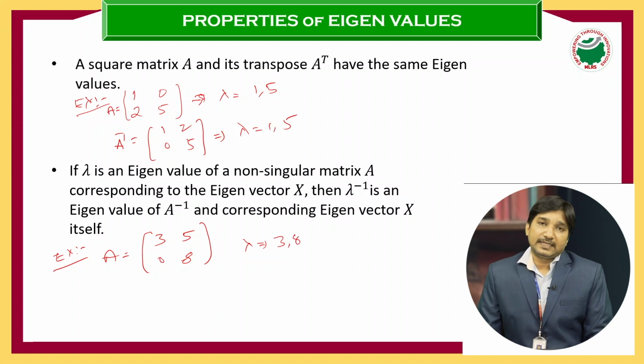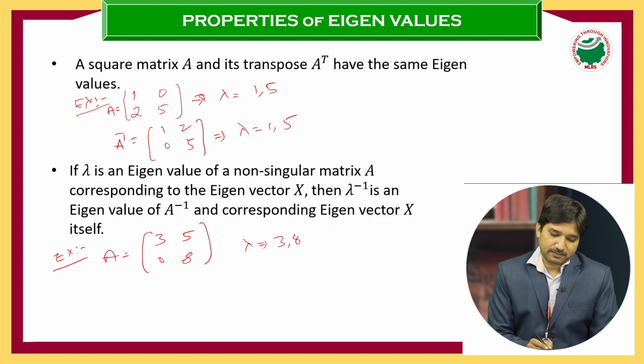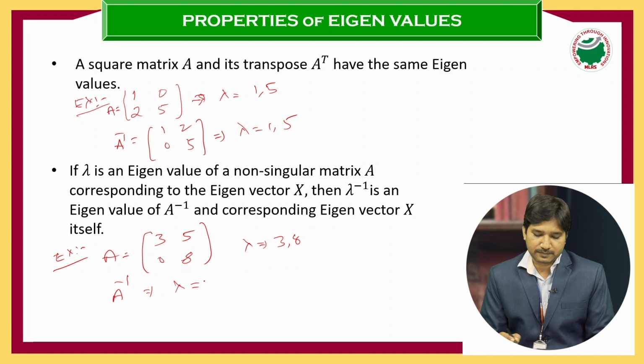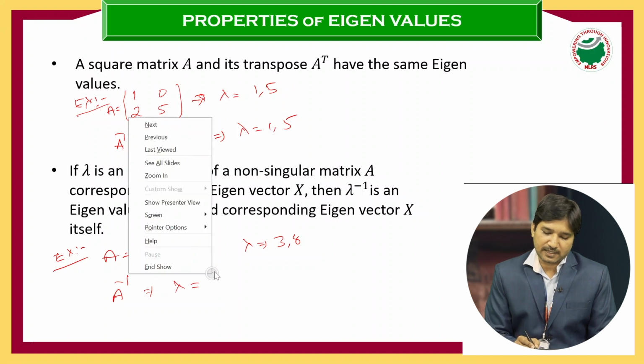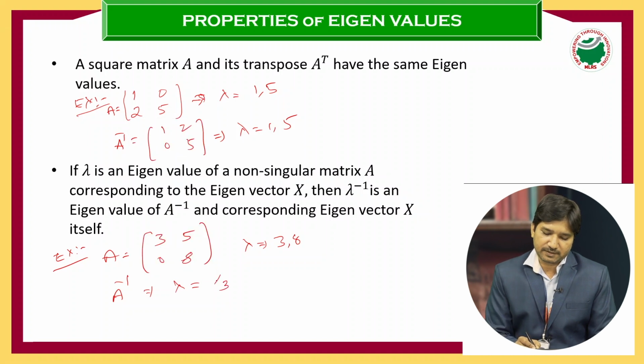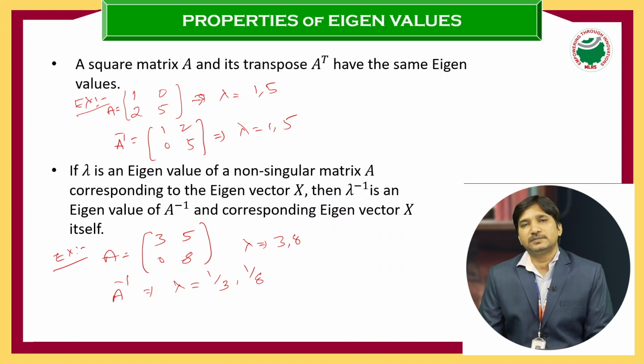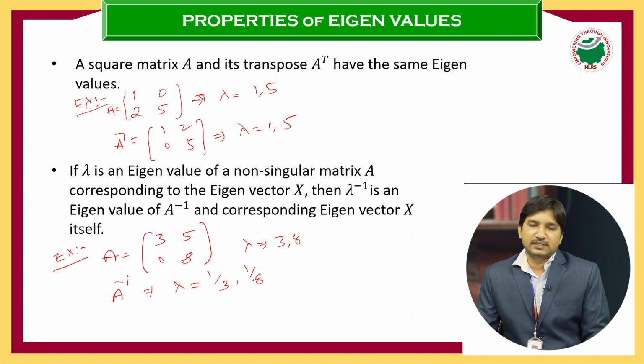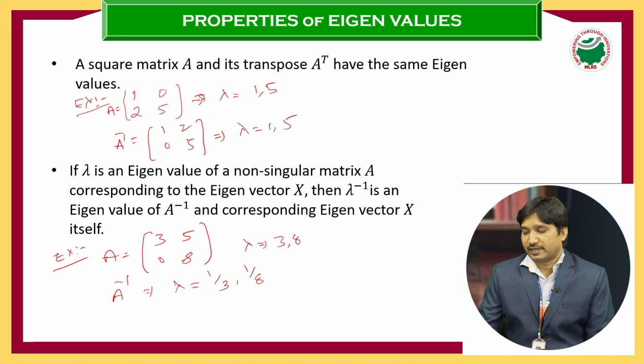And the inverse of the matrix has eigenvalues 1 by 3 comma 1 by 8. Lambda inverse means 1 by lambda. So the eigenvalues of the inverse of the matrix are 1 by 3 comma 1 by 8. These are the most important properties of eigenvalues.